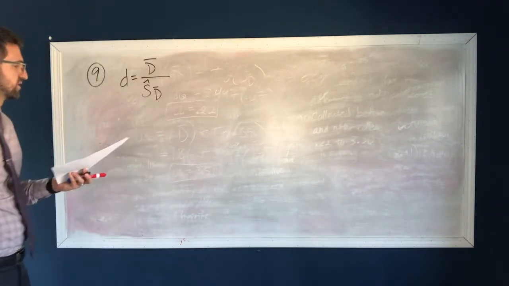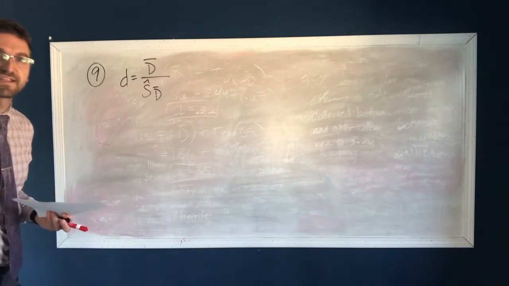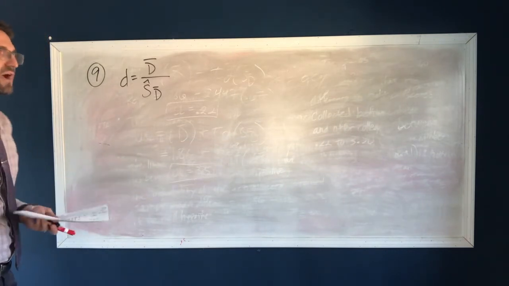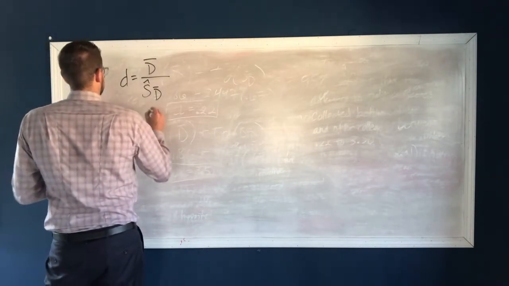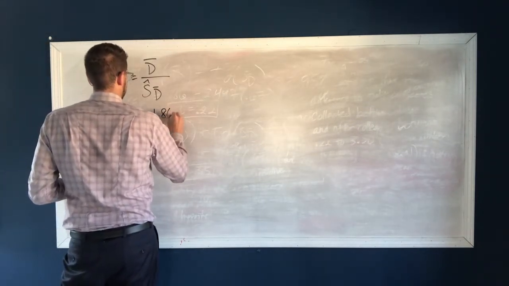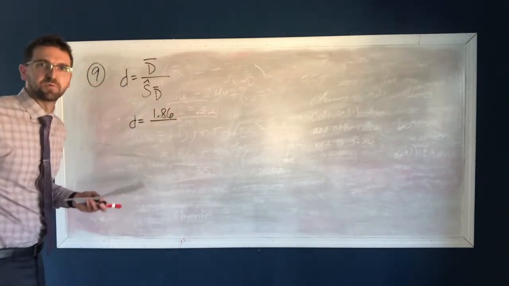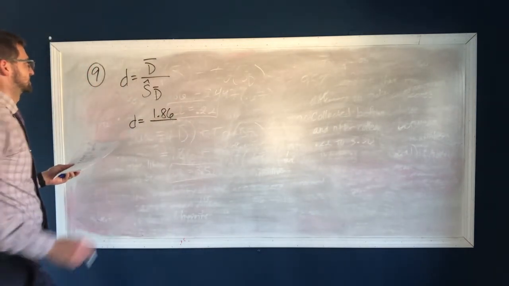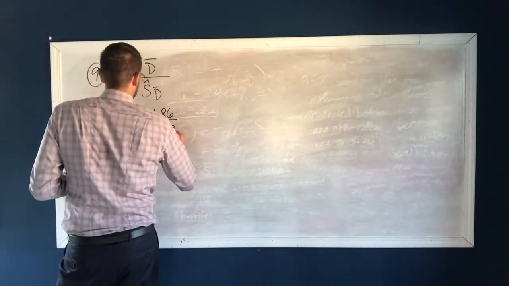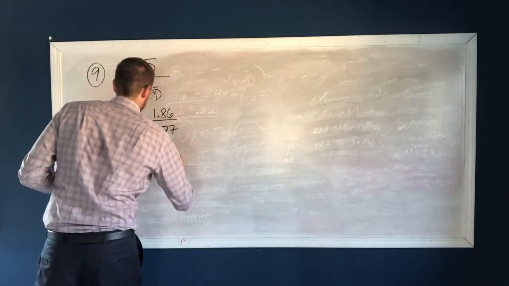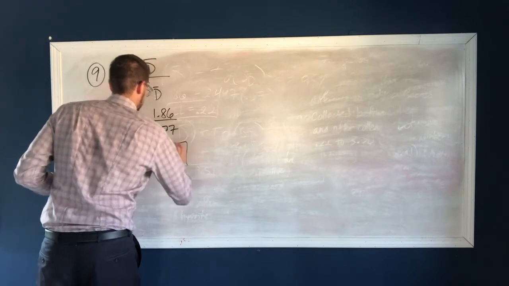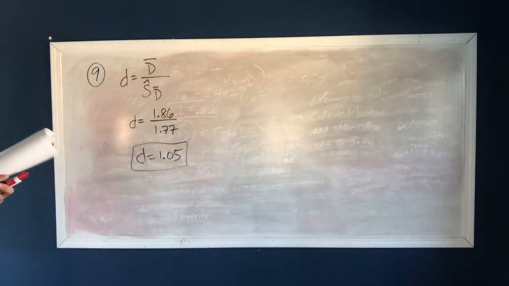Okay, so this is the effect size D. So how big is the difference? Okay, our sample mean difference is 1.86. The standard deviation is 1.77. So we find our D to be 1.05.